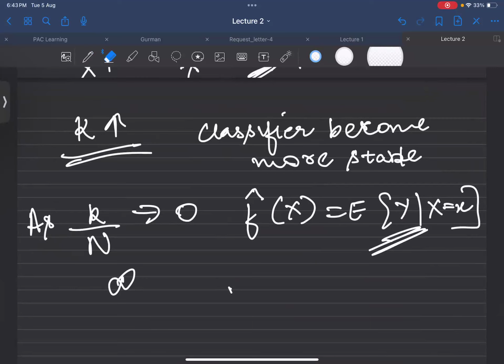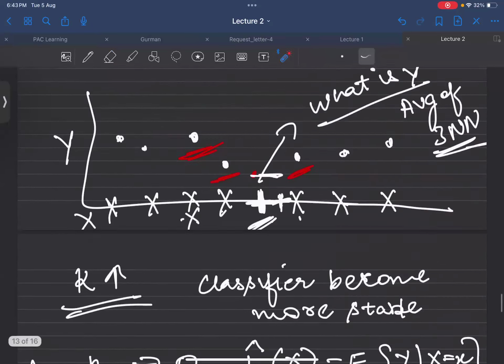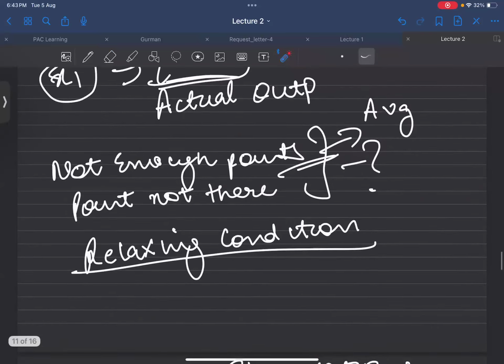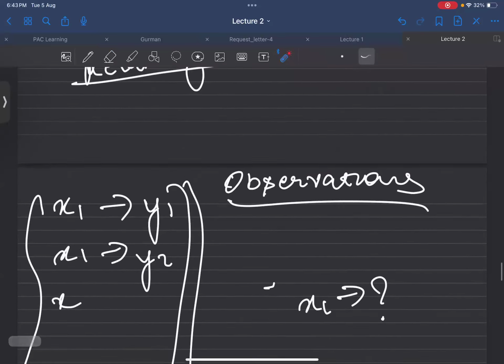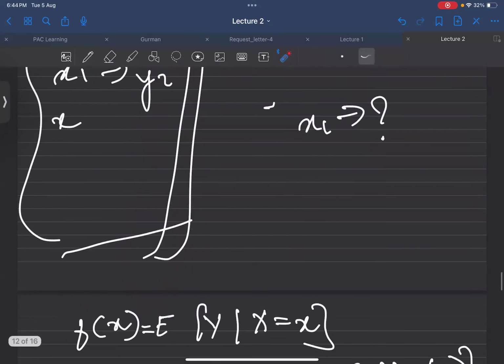This is the conditional probability: if x is given to us, x equals x, then what is y? The expectation of that is what we were trying to do. We have to predict y given x, and we are taking the average. That's what we were doing.